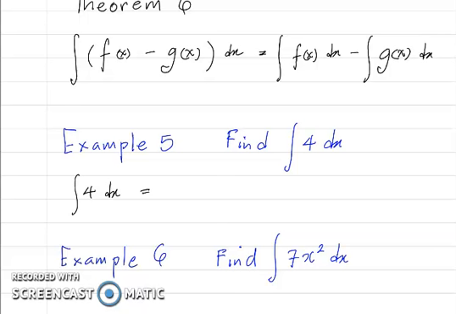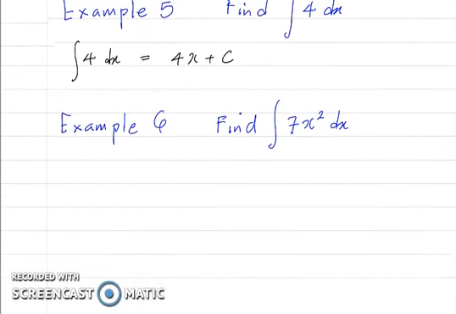So if we integrate 4, we get 4x plus c. If you integrate a, you get ax plus c, where a is a constant.